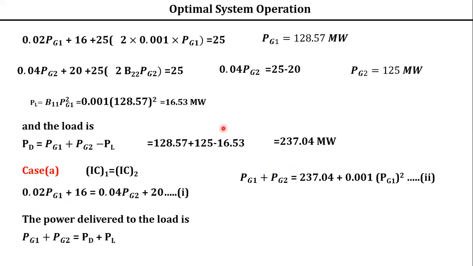Either way, you replace Pg1 with respect to Pg2, or Pg2 with respect to Pg1. It is up to you. You solve these two equations. After solving these two, you are going to get Pg1 and Pg2.